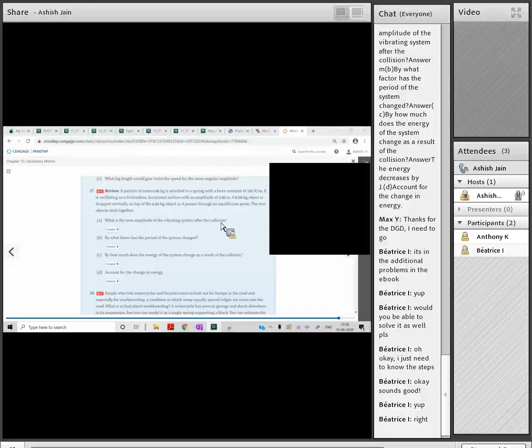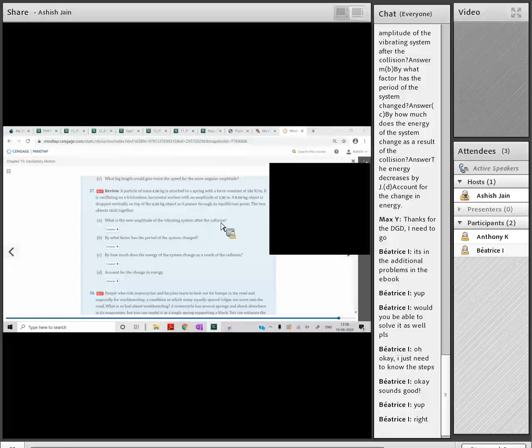Whatever is given, I try to see what I can do with the given information. It is oscillating on a frictionless horizontal surface with an amplitude of 2 meters. We have given A, amplitude. A 6 kilogram object is dropped vertically on top of the spring as it passes through its equilibrium point. The two objects stick together. What is the new amplitude of the vibrating system?